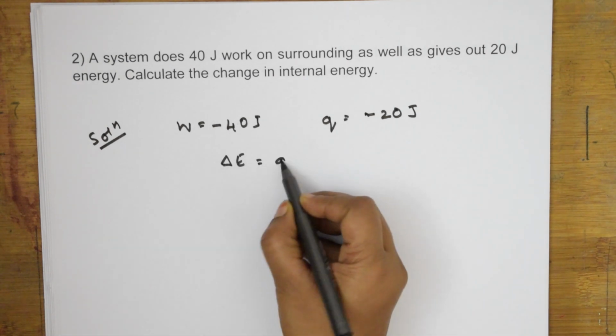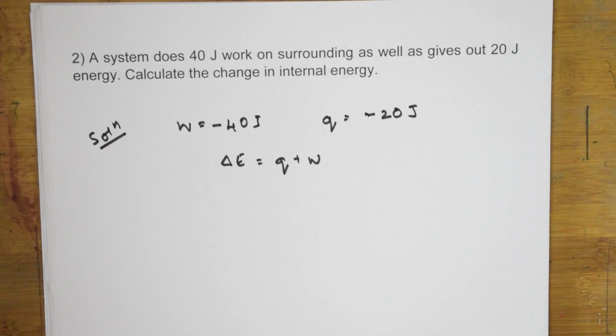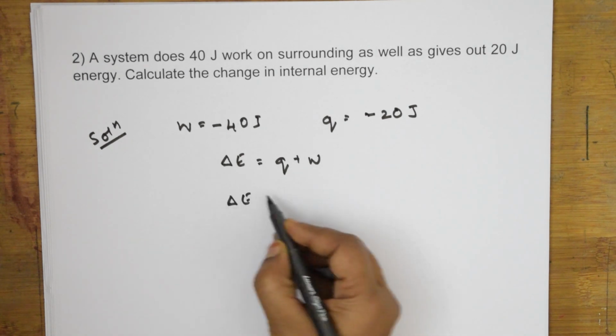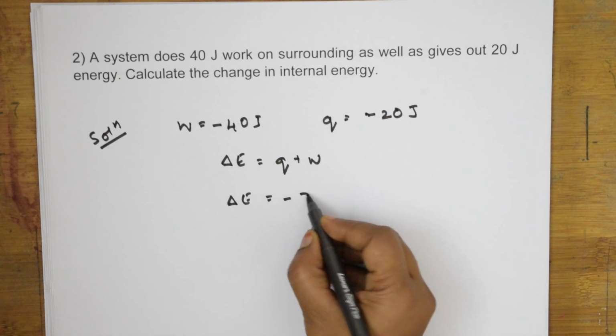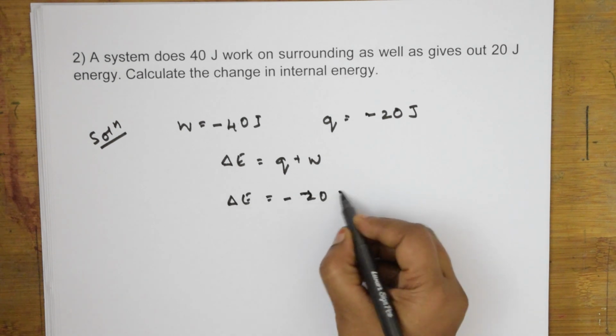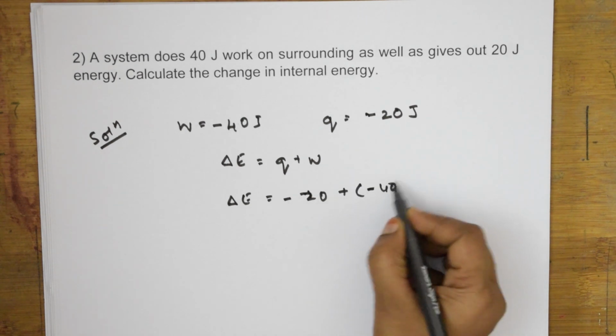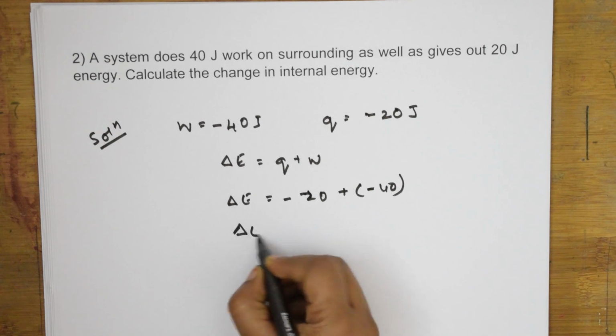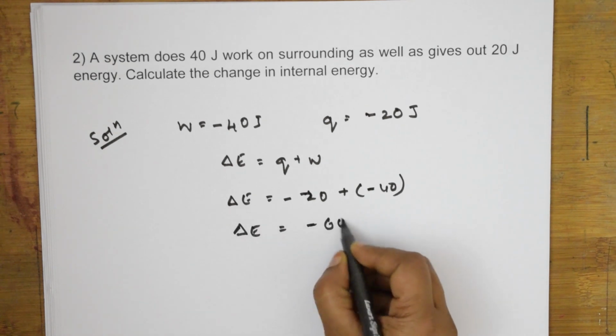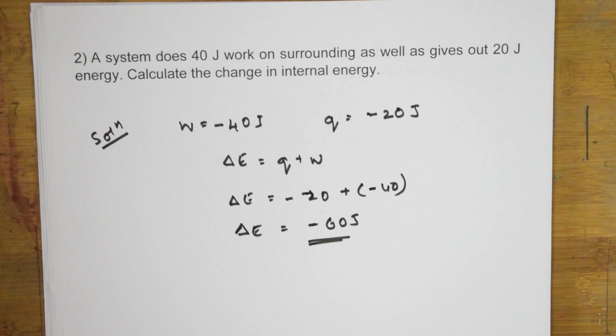According to the first law, delta E is equal to Q plus W, which is minus 20 minus 40. Delta E is nothing but minus 60 joules. Very easy, isn't it?